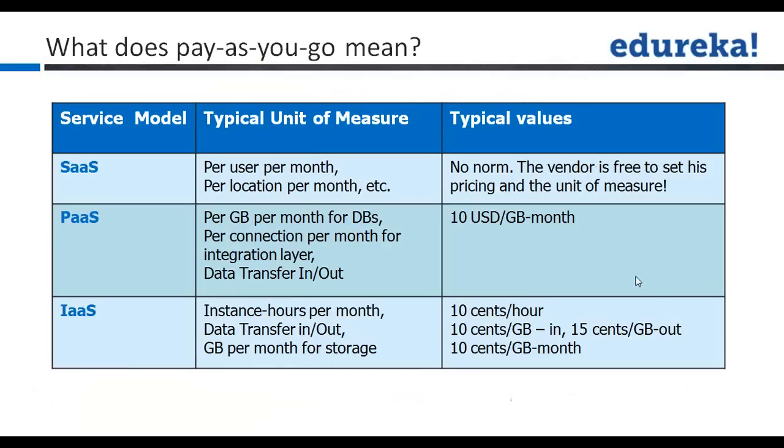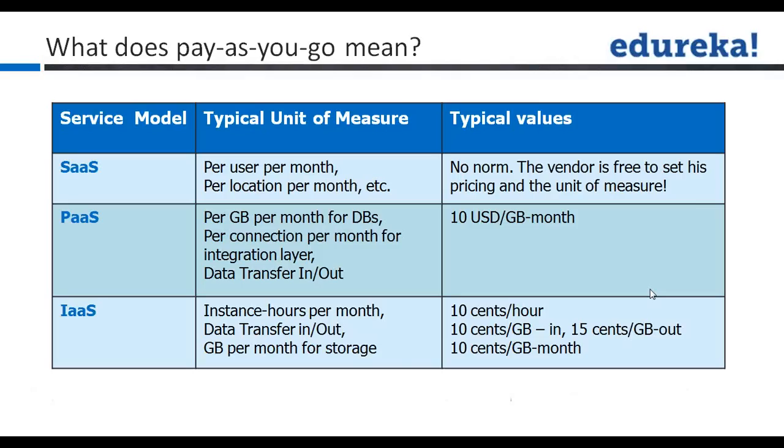So when you make SaaS or PaaS or IaaS, what do you mean by the pay-as-you-go model? In a SaaS scenario, they normally charge on a per user basis, because if you take a case of Gmail, you take a license for 30 users or 50 users, and that would be per user. If you're going for PaaS, it would be more like how much you are storing or how much data transfer you are making.